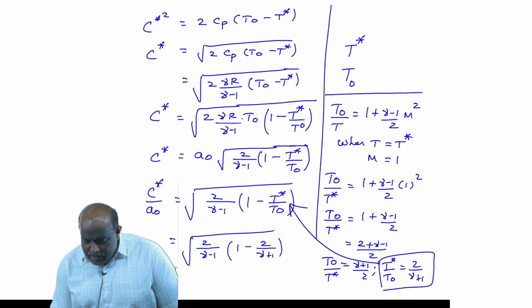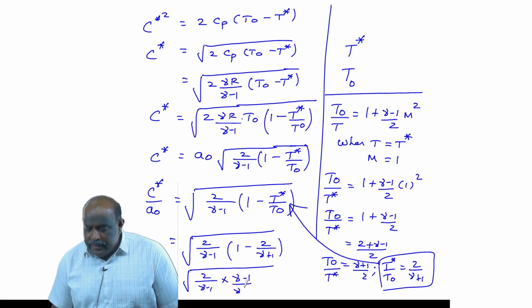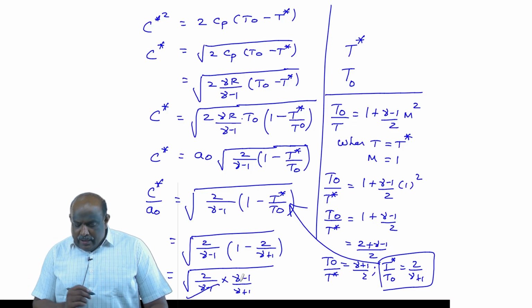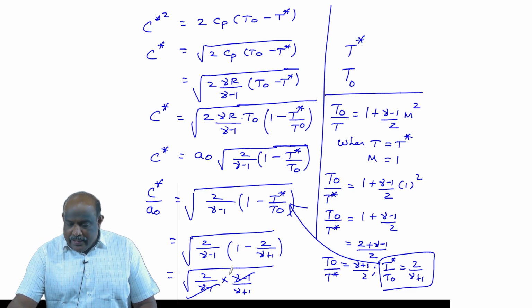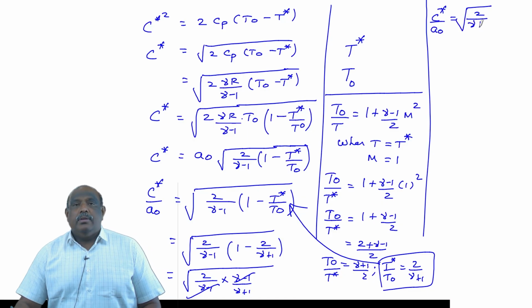So we can see here 2 by gamma minus 1 into gamma minus 1 by gamma plus 1, taking the LCM. So what will happen? This gamma minus 1 and gamma minus 1 will get cancelled. So finally, I will write here C star by A naught is equal to square root of 2 by gamma plus 1.